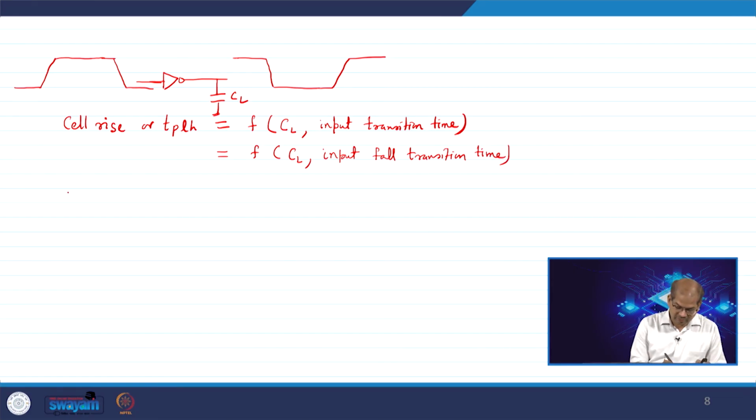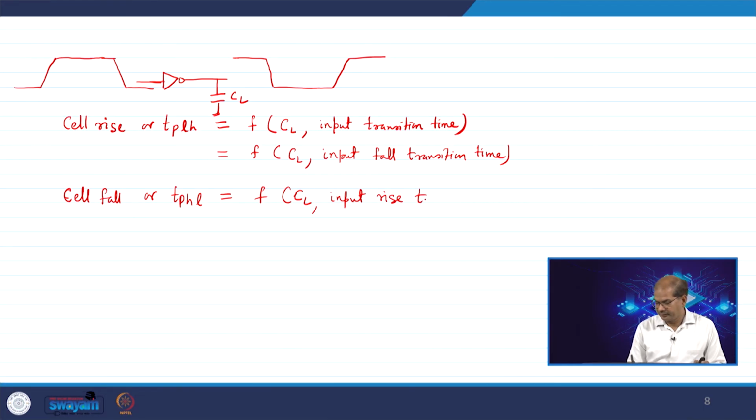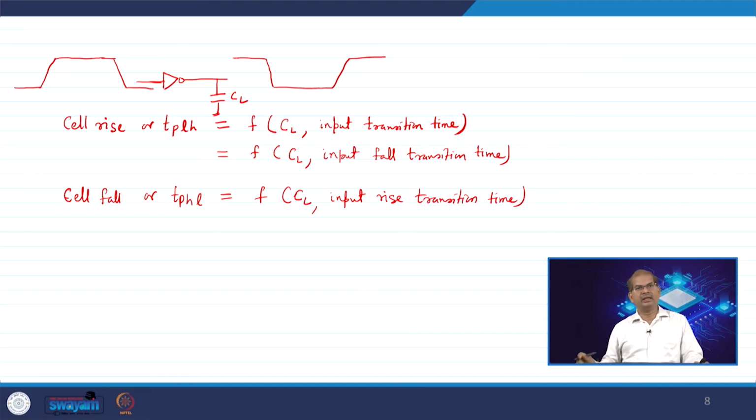Similarly, your cell fall or Tp high to low is a function of CL, output load capacitance, and your input rise transition time. Why is this? Why rise and fall?